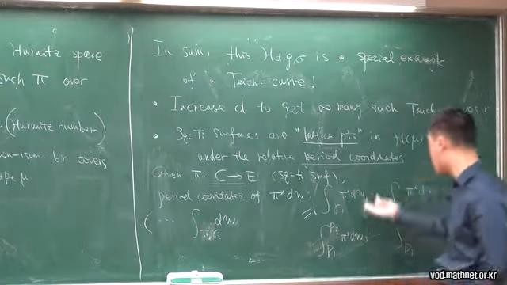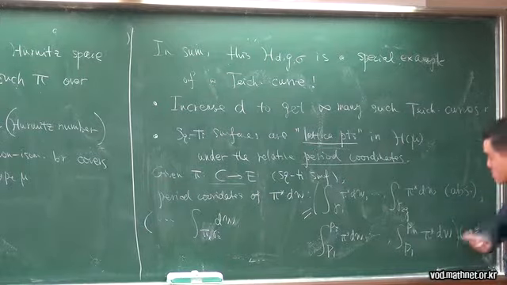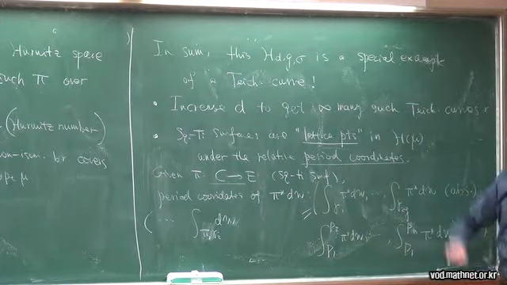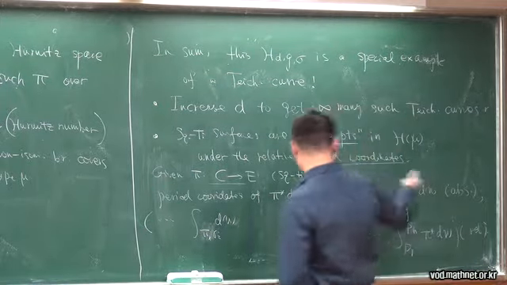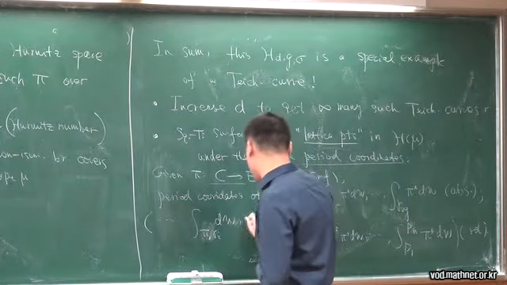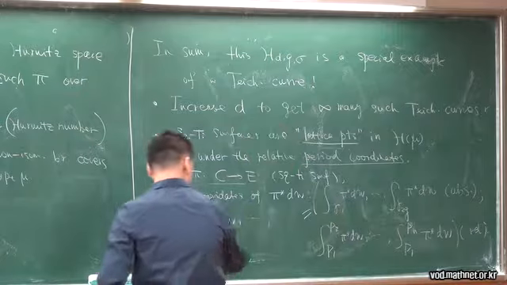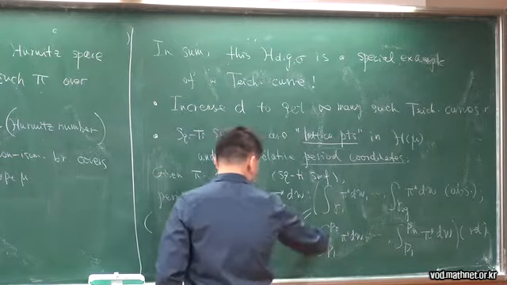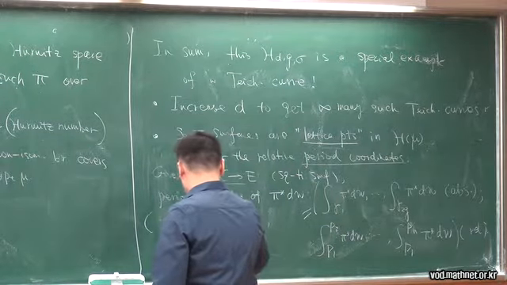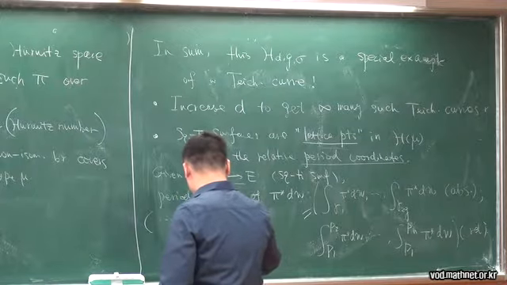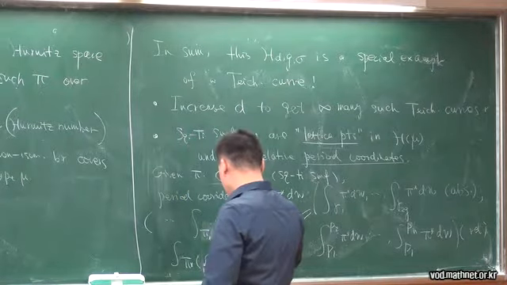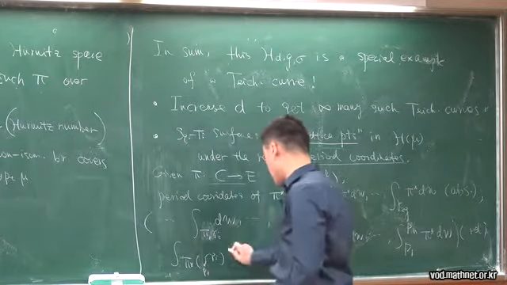Now I can transform these integrations to the torus E by the pullback push down formula. So for the absolute periods, I get this. For the relative ones, I can push down the path connecting P1 to Pi and integrate dW.